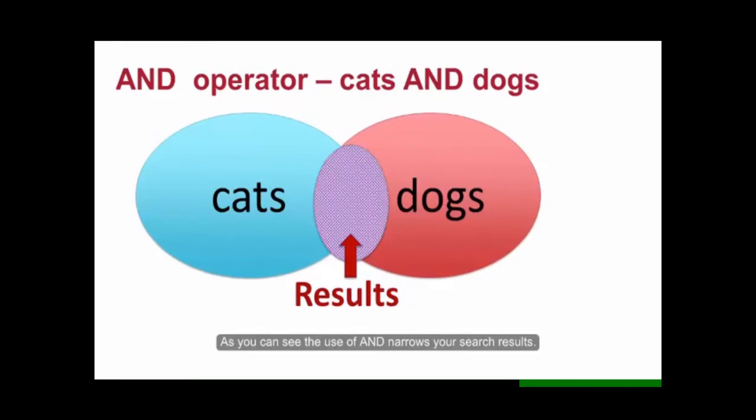When you put AND in between the two concepts, it's like you are limiting. For cats and dogs, every story or every research that you will look for must have combined information about the cats and dogs, and it narrows the search.